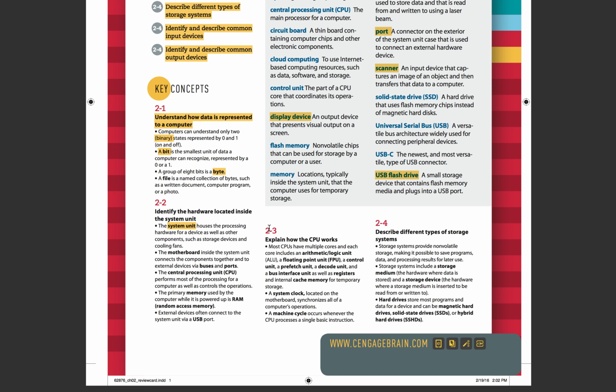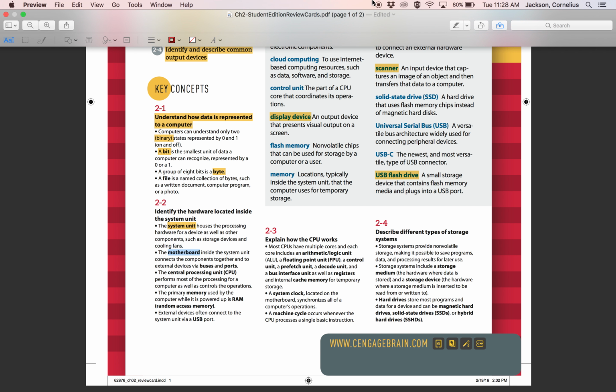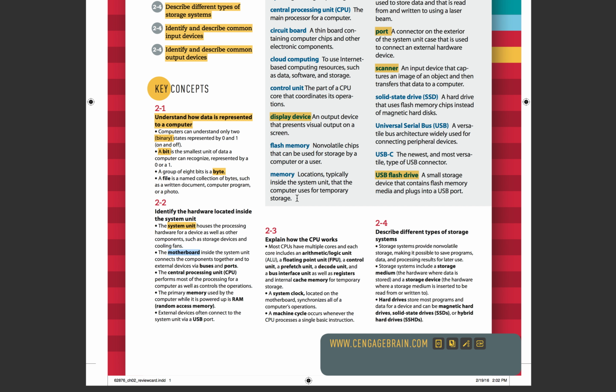Also, if you got a laptop, it's whatever is inside that spot where the keyboard is located. So our system unit. Then we have the motherboard, which is also inside the system unit, connects the components together to external devices via buses and ports.